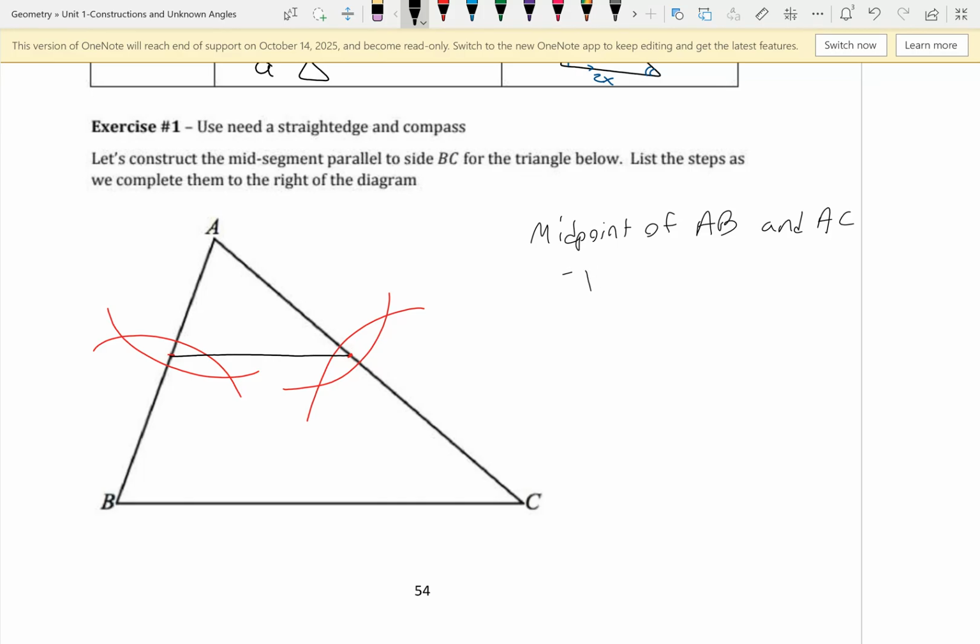And if we remember, we do that through our perpendicular bisector construction. You don't actually have to draw the perpendicular bisector line. You just have to lay your ruler down to get your midpoint. And then once you get your midpoint, you can connect both of them, and there's your midsegment. So pause this video for a second to do the actual construction.